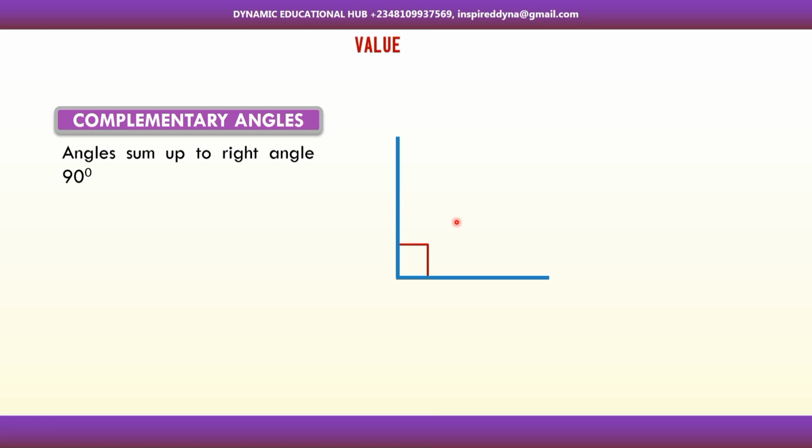So when you divide this angle by a line, two angles will be formed. When you add these two angles together, you say you have complementary angles. So if this one is A and this one is B, when you add them together, you get 90 degrees. So we have complementary angles.